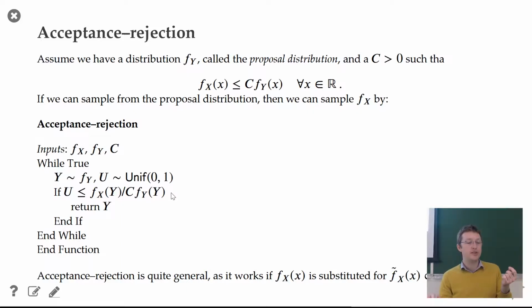With some probability, you say, okay, I'm happy with this y, I'll accept it. But if the coin comes up tails, then you try again, and you simulate another y. And the weight of the coin is this ratio, the original density at the point y divided by c times y's density.